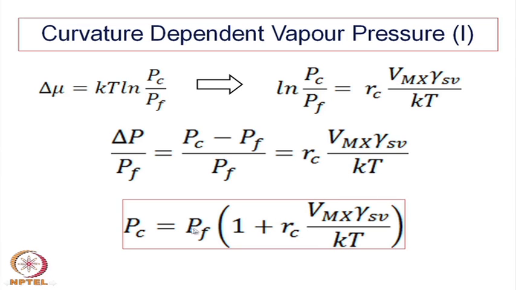So, there is now a relationship that the vapor pressure over the curved surface is equal to the vapor pressure on the flat surface multiplied by 1 plus this term. Of course, Rc is the radius of curvature, so the radius of curvature comes into this expression.